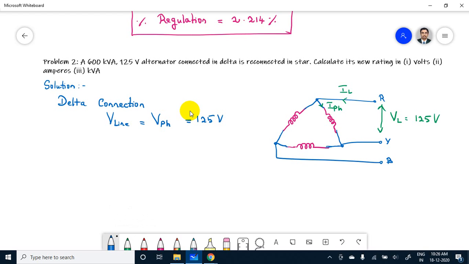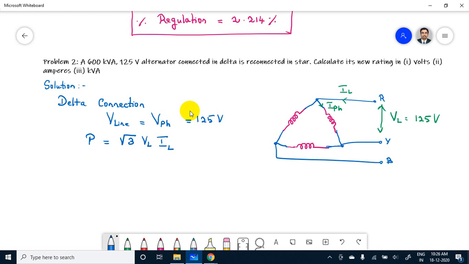Now how to calculate the current? We know the power formula. Power P equal to, this is 3 phase, root 3 VL IL. Here power factor will be unity.